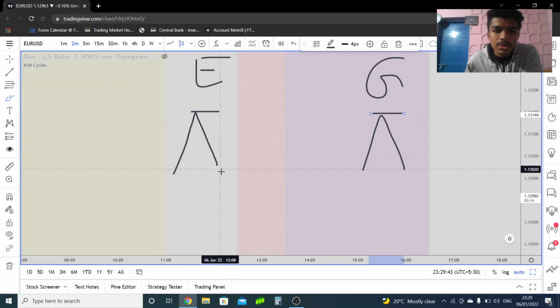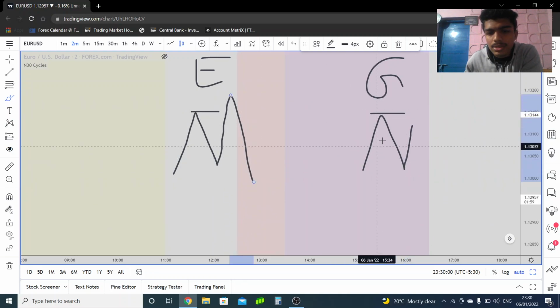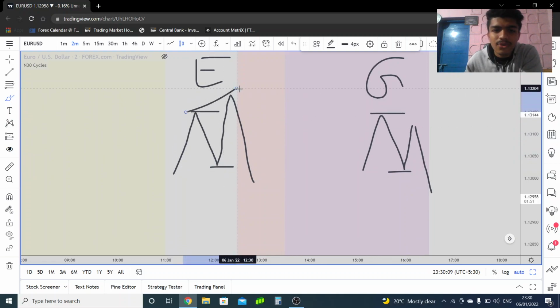What will happen is smart money will take the old high of Euro. On GBP, smart money will not attack the old high, and GBP will fail to break it. This is the exact way the SMT is formed.